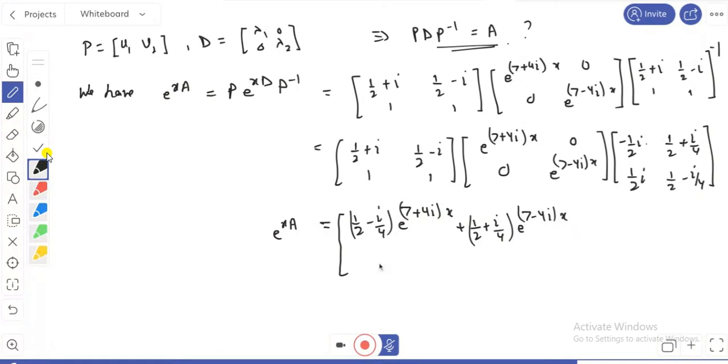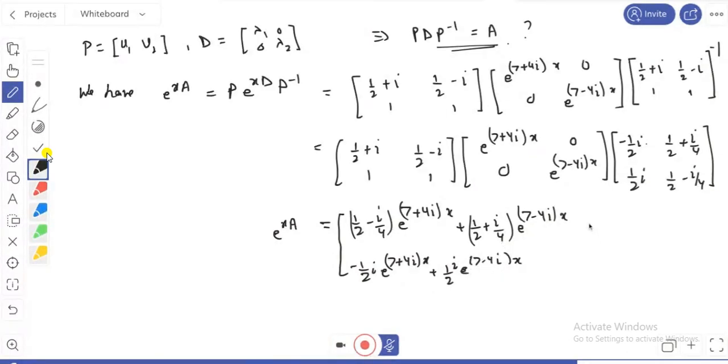And similarly here, this is minus half i e to the power 7 plus 4i x plus half i e to the power 7 minus 4i x. This is the first column.